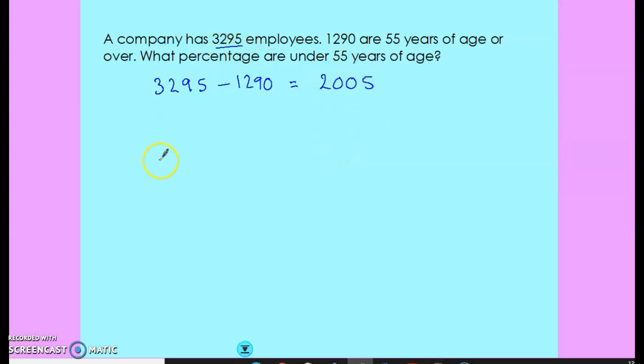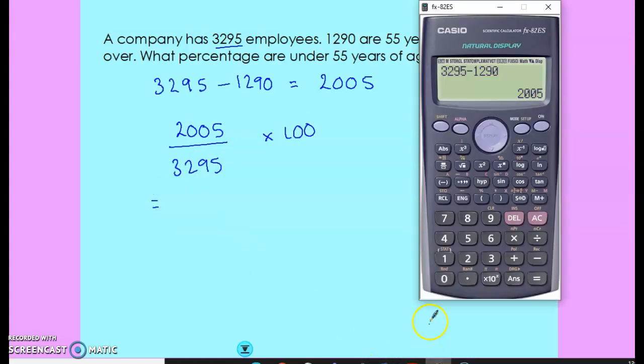My total is 3,295. So I'm going to take my bit that I want, divide it by my total, and times it by 100 to get it into a percentage. 2,005 divided by 3,295 times 100 is 60.8497.